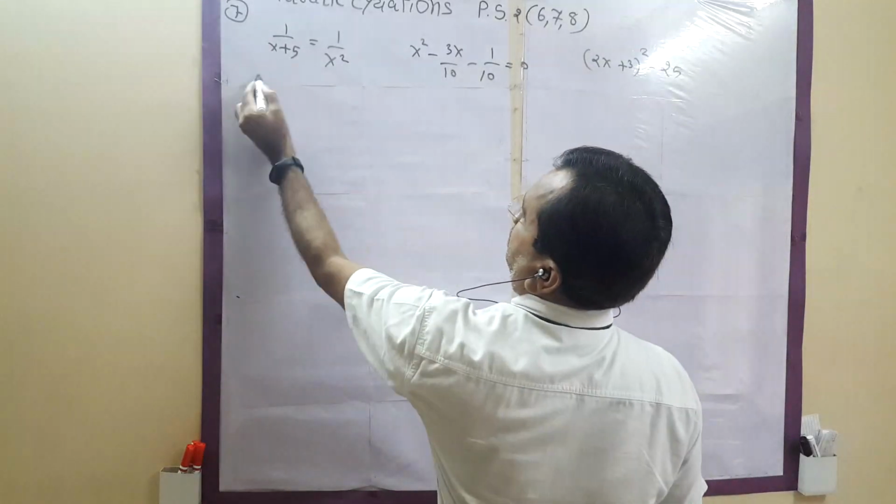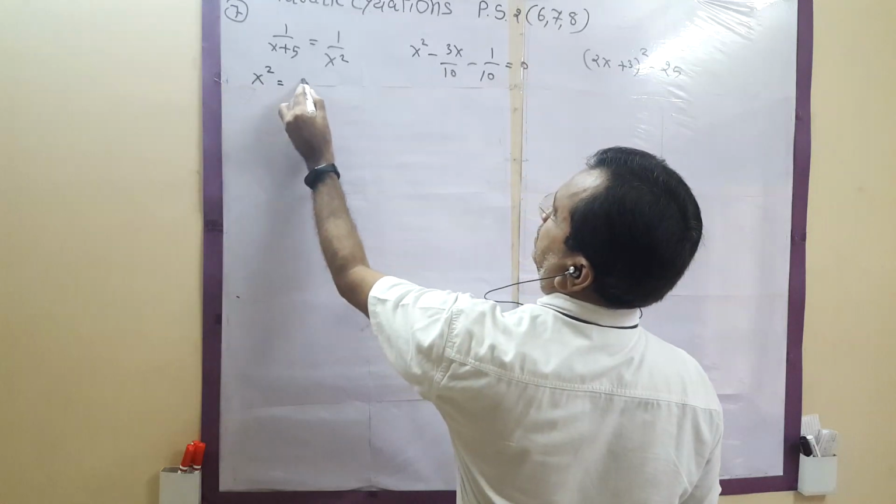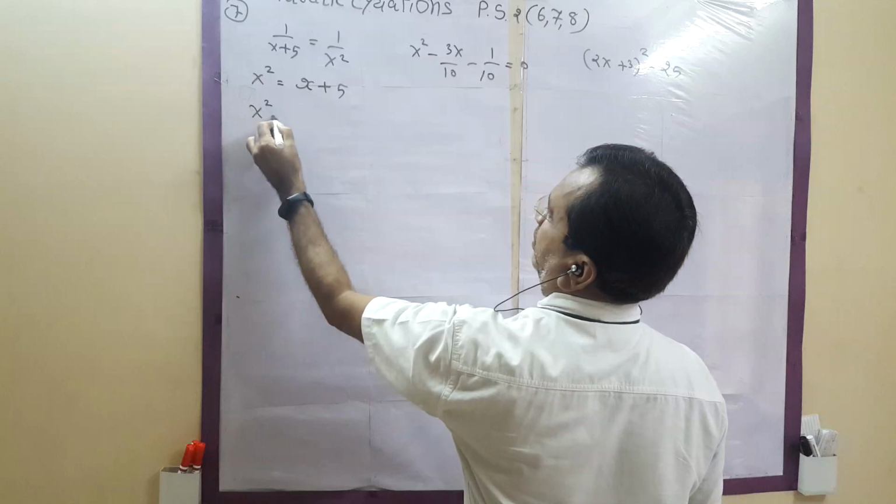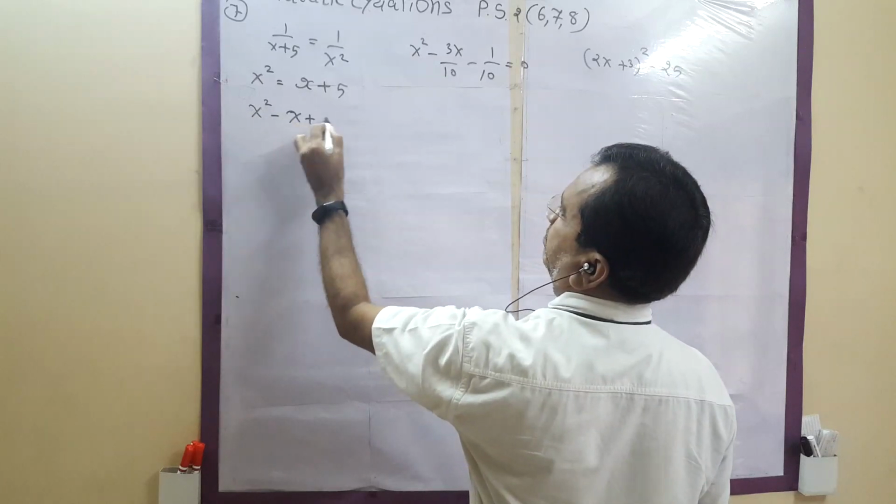Now cross product: x square is equal to x plus 5. In quadratic form, x square minus x minus 5.